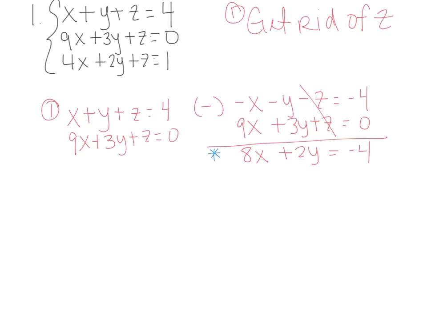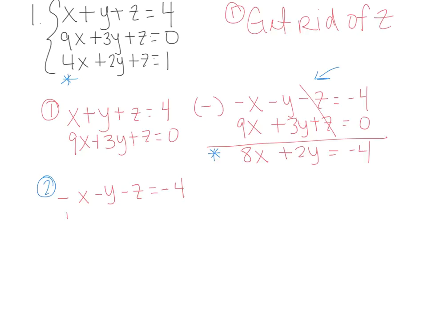Now, the second step, I've already eliminated z's in the first two, but I need to still eliminate that z in the third equation. So since I already have a negative z right here, I'm going to use the first equation and the third equation. So my second step, I've got negative x minus y minus z equals -4.